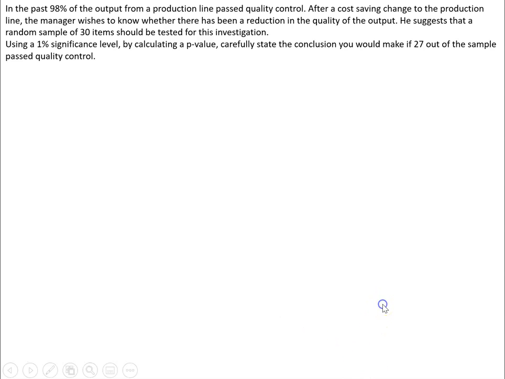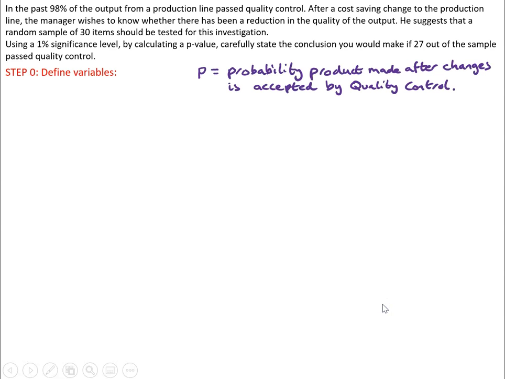So we set the significance test up to begin with in exactly the same way as before. We need to define the variables. So p is the probability that a product made after the changes is accepted by the quality control. We need to state the null hypothesis and the alternative hypothesis, which as before is p = 0.98 for the null hypothesis and p < 0.98 for the alternative hypothesis.